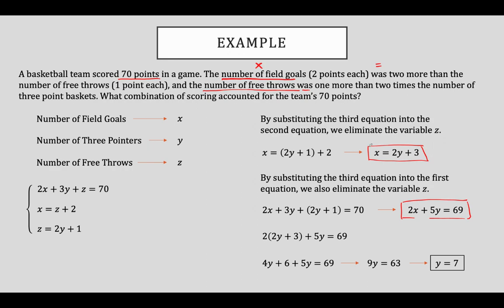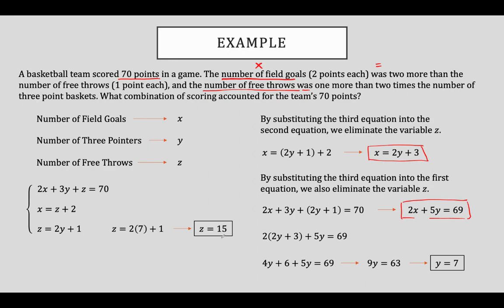Notice that in this equation right here, if we know y, we can get x. We can back substitute into this equation here to solve for x. We can also back substitute into this equation here to solve for z. Notice we have y is equal to 7, z equals 2 times 7 plus 1, z is equal to 15, and that leaves us with another option for solving for x here.